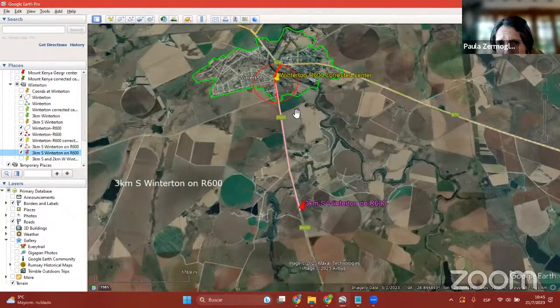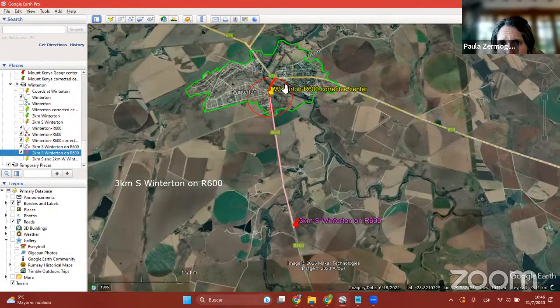And with that point and the radius of this feature, we do the calculation. Is it clear why we're going away from this circle? Because this is inside the town. It's not representing 3 kilometers south. 3 kilometers south is down here.